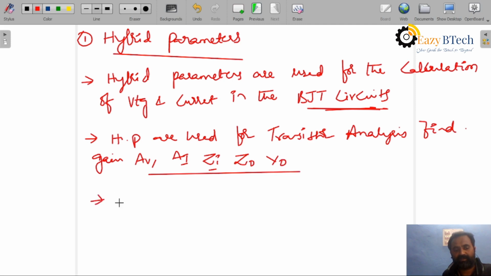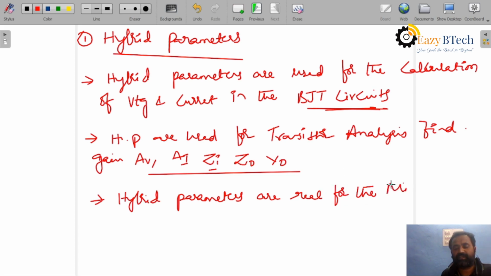Next, hybrid parameters are real for the microwave frequency, that is radio frequencies, or up to radio frequencies.